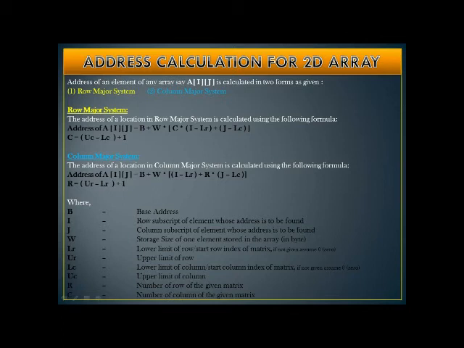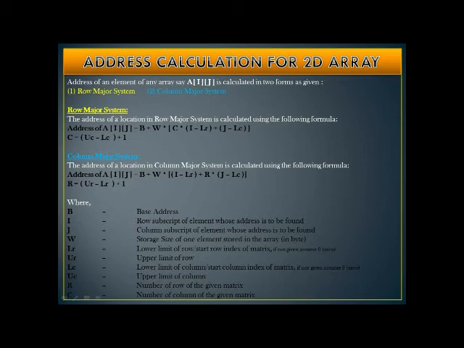B is the base address, that is the base address of the first cell of the given 2D array. W is the width, that is the storage or the size of the given data type. C is the total number of elements present in a column.